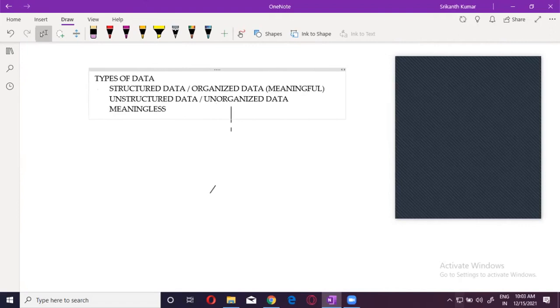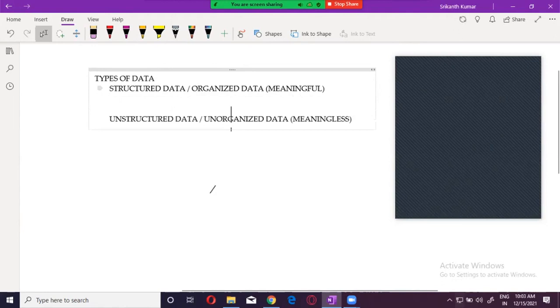Okay. Now let's see the examples of meaningful data, that is the structured data.